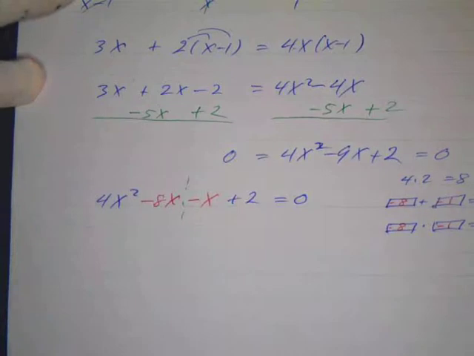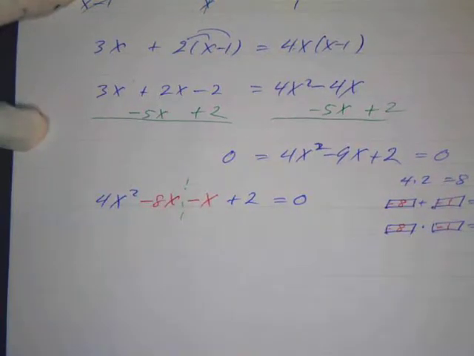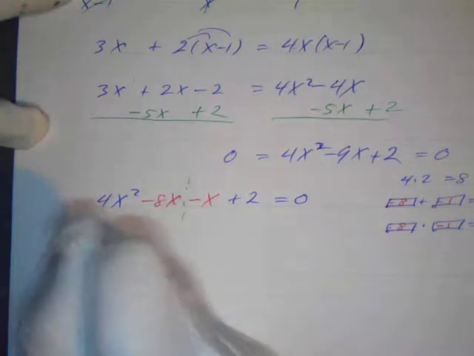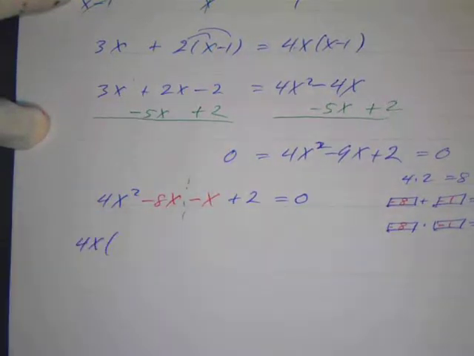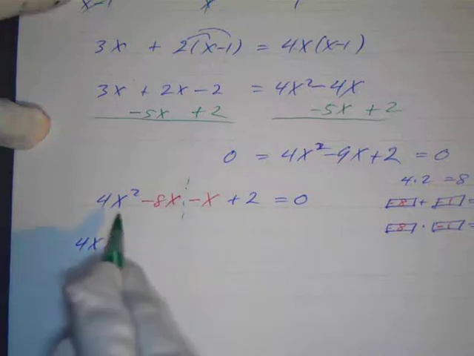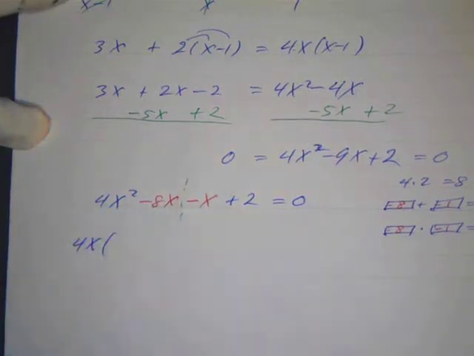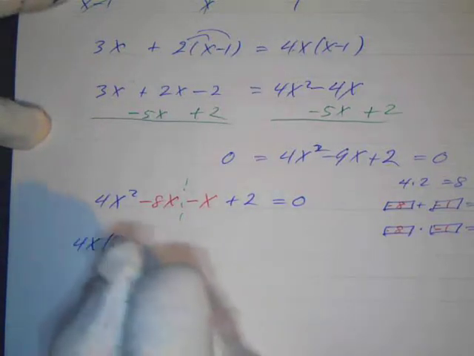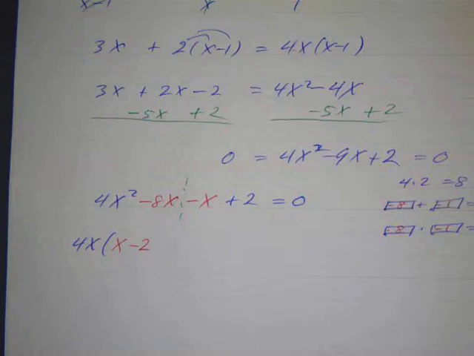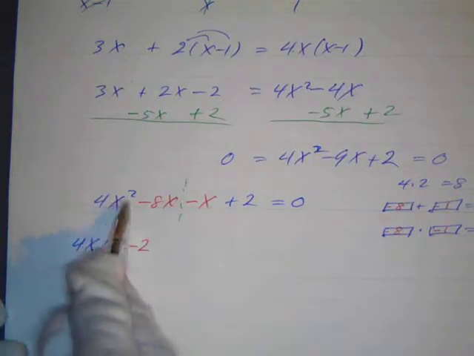And what can I factor out of these two terms? I can factor out a 4x, so I'll take that out. And what's left? X minus 2. If I take a 4x out of x squared, I've got x.